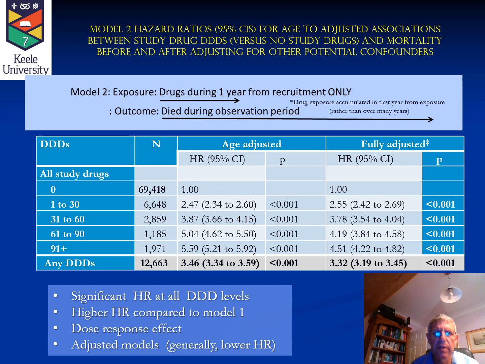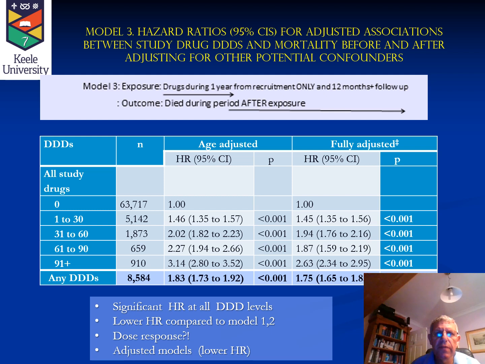In the third and final model of our study, the exposed and the unexposed samples were further restricted to those who had survived for more than 12 months. We can see that here. So we only looked at people who'd survived after the first year. This is to reduce the likelihood of bias arising from the prescription of drugs to those who were already very ill.